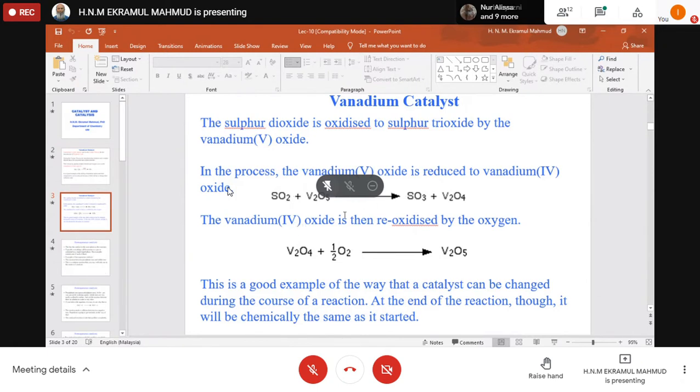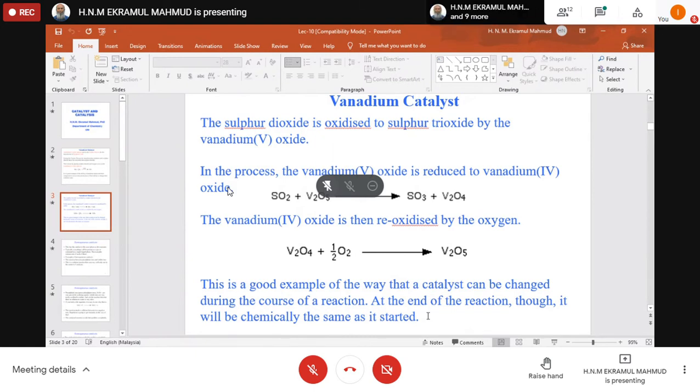The vanadium 4 oxide is then reoxidized by oxygen to form its original form, vanadium pentoxide. So this is a good example of the way that a catalyst can be changed during the course of the reaction.